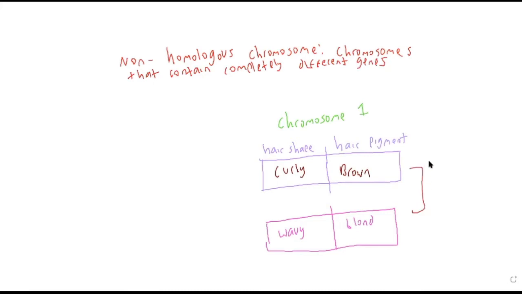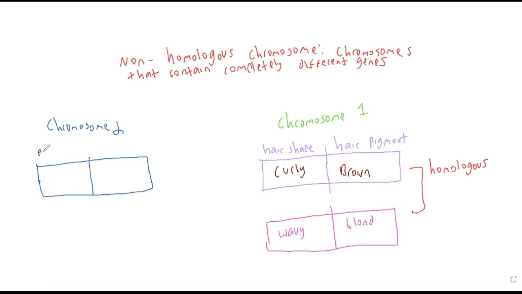So these are homologous. Well, let's say chromosome 2 contains information for eye color and, I don't know, finger length.